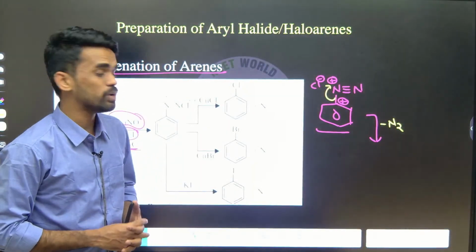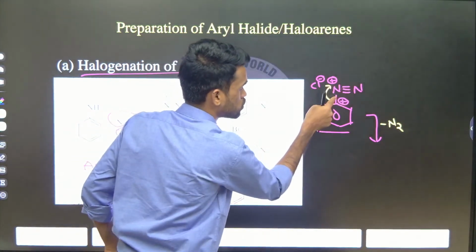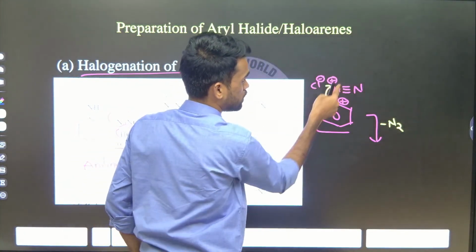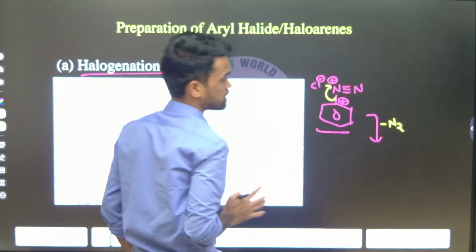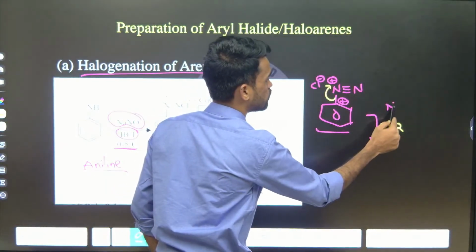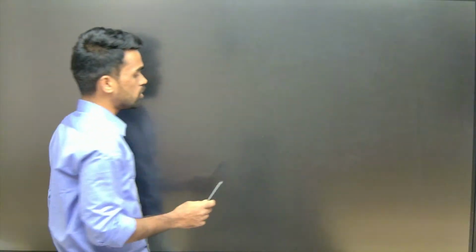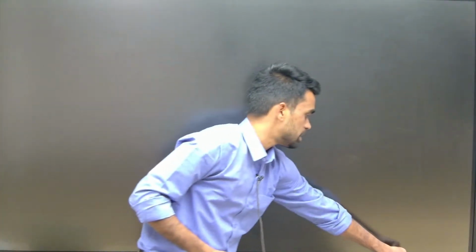How? It is going out as N2, so the bond is also taken out by the nitrogen gas, minus N2 I am writing. Since a positive charge is created, a nucleophile enters there. One nucleophile is going out and another nucleophile is entering, so that is the substitution reaction taking place.